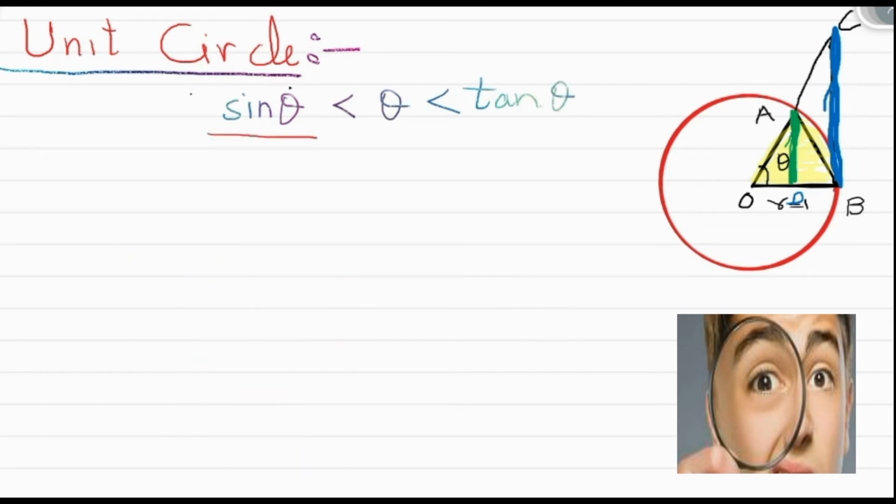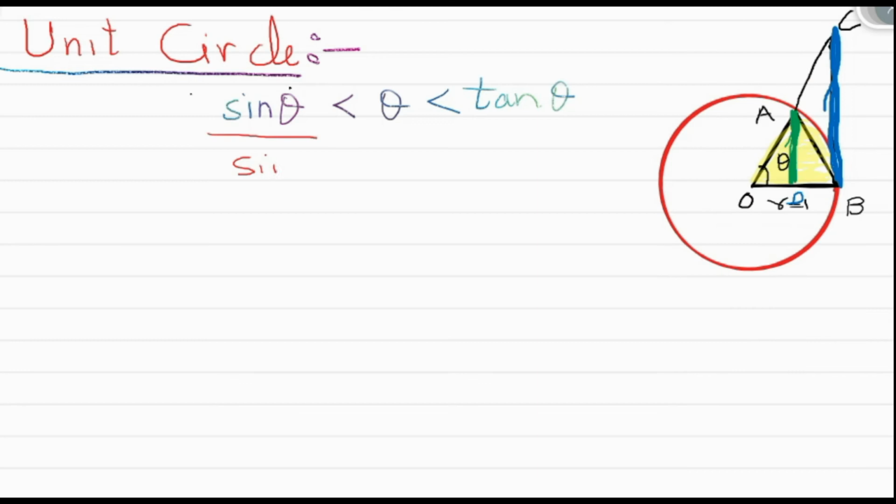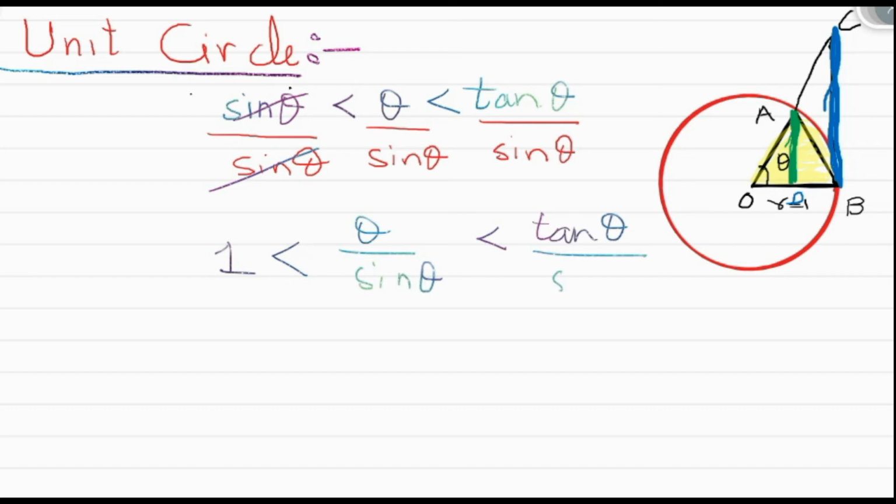Now I divide the whole inequality by sine theta, so sine theta cancels with sine theta. So 1 is less than theta by sine theta, which is less than tan theta by sine theta. As we know that tan theta is the ratio of sin theta and cos theta, I put these values in the inequality.